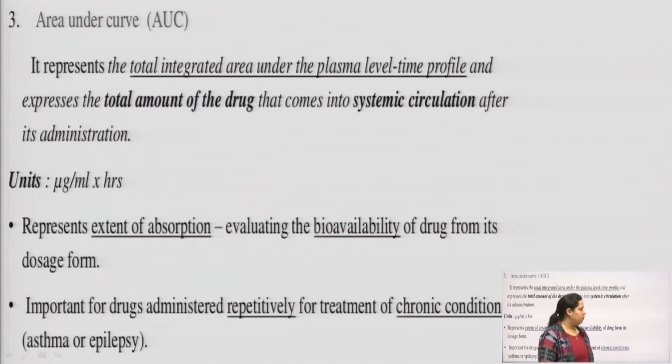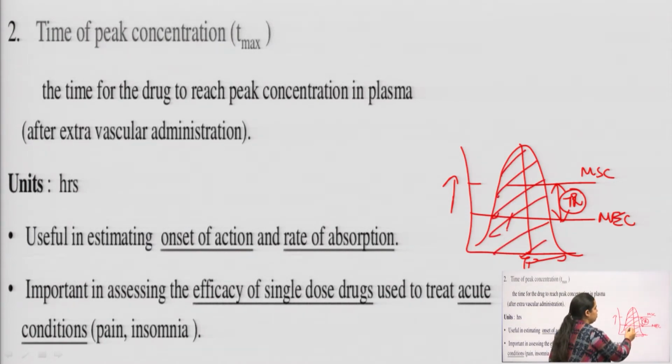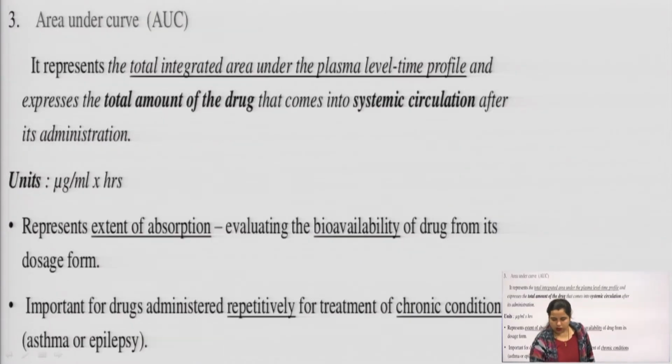Third, area under the curve. In this profile, this area will be called AUC, area under the curve. It represents the total integrated area under the plasma level time profile and expresses the total amount of drug that comes into systemic circulation after its administration.